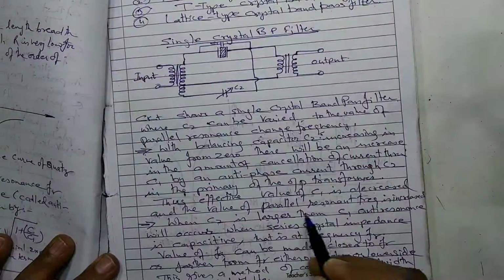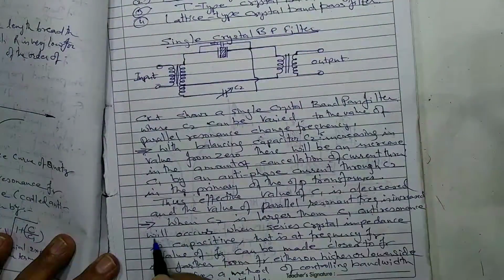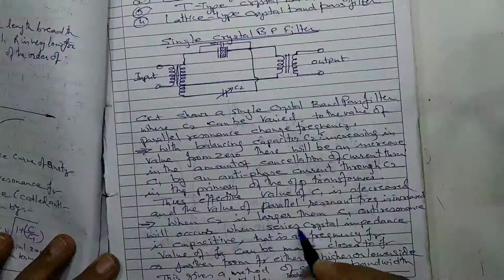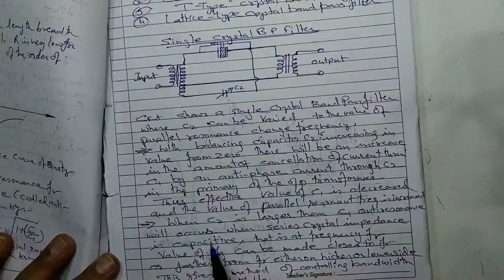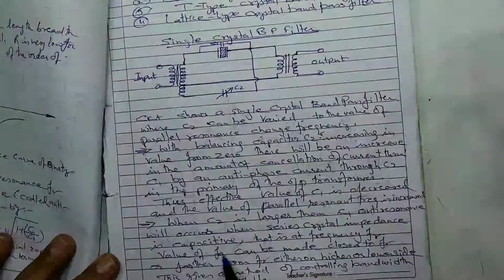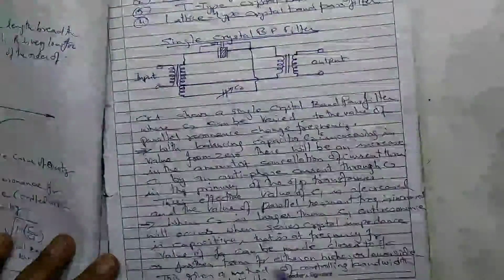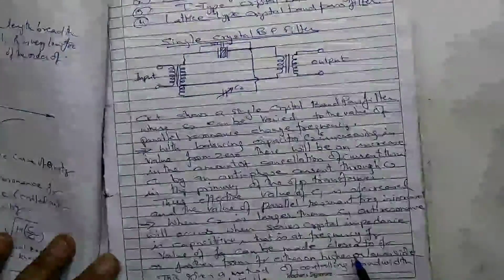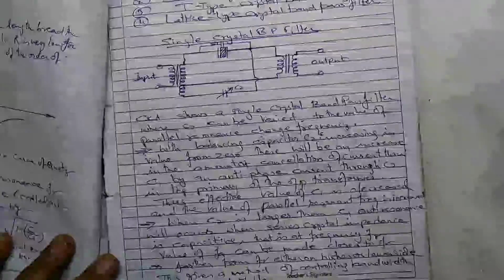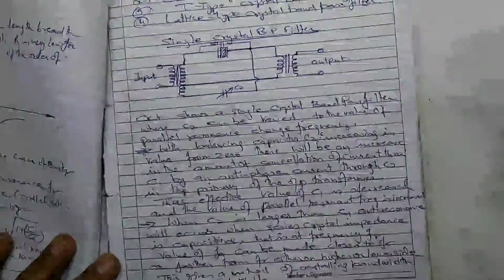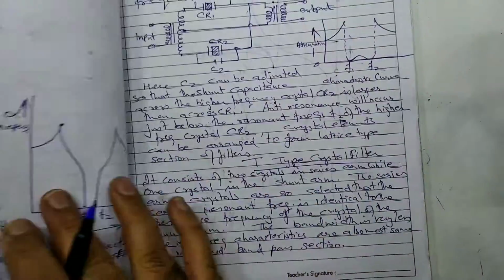When C2 is larger than C1, anti-resonance will occur and the series crystal impedance is capacitive. The value of FA can be made closer to FR, or further from FR on the higher or lower side. This gives a method of controlling the bandwidth of the crystal filter.